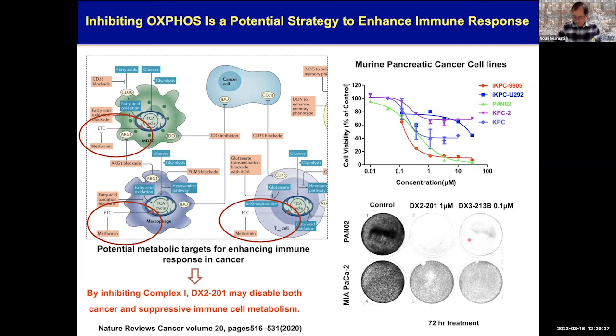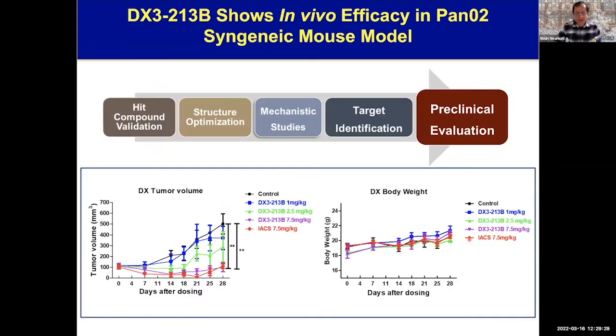Because of this, we asked what happens in the mice. You can see that clearly the compound showed beautiful in vivo efficacy. It's comparable to the IACS MD Anderson compound at the same concentration. And we do not see any sign of toxicity.